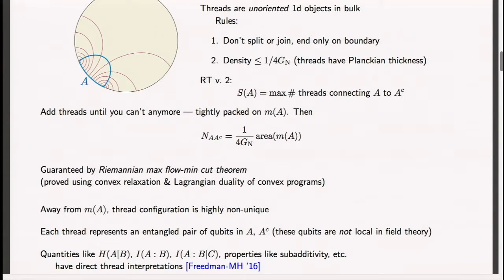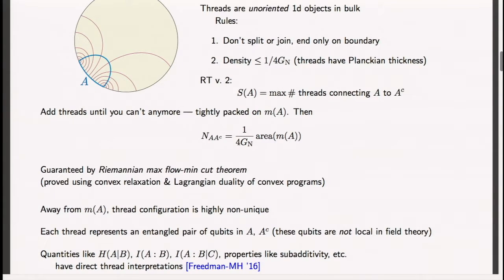And so how is that consistent with this? Well, the interesting thing is not any one thread configuration, but the set of thread configurations that achieve the maximum for a given A. And so in fact, the leading role in this talk will be not any given thread configuration, but the freedom in choosing different threads. So the flexibility of the threads is actually crucial.